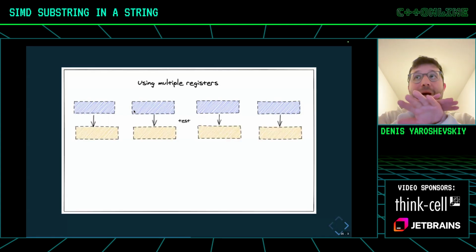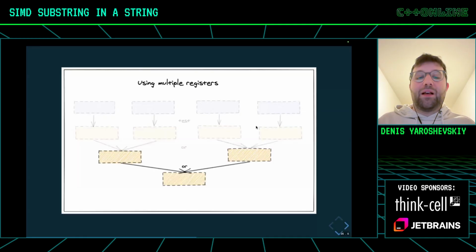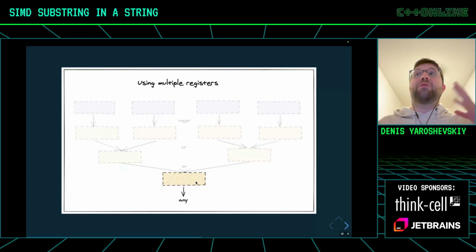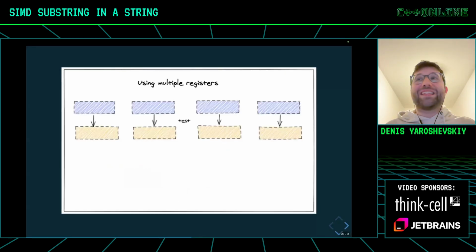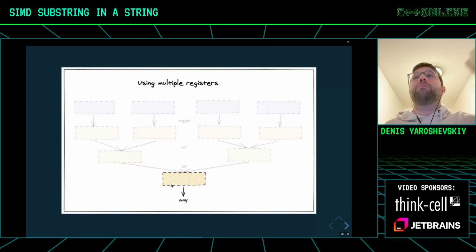Step 1, we compare all of them against the needle. Step 2, we OR these together, like this, and this is this. OR again. And finally, only at the end, we do some reduction to compute: did we find any matches at all? This is substantially fewer instructions than checking one and then going to the next. Much fewer instructions.